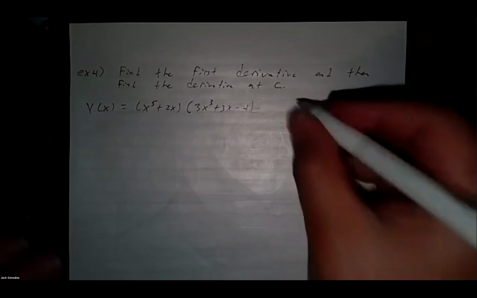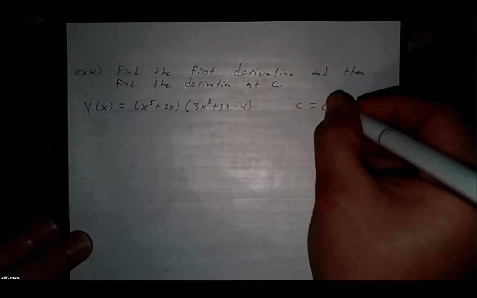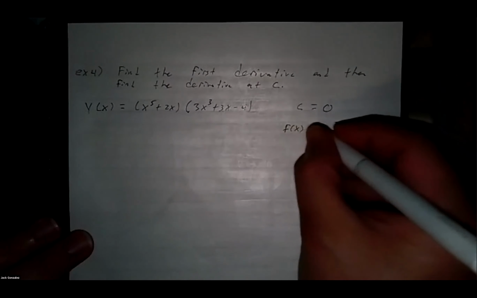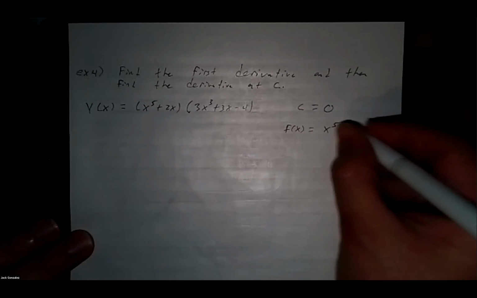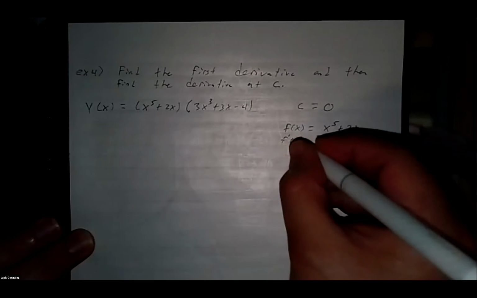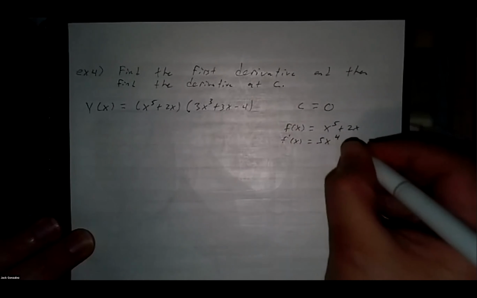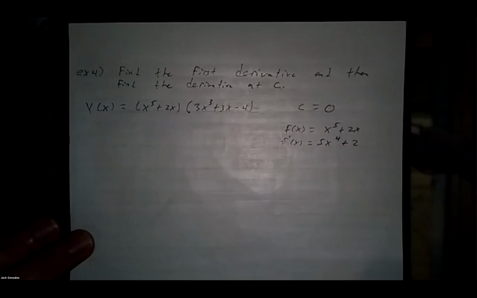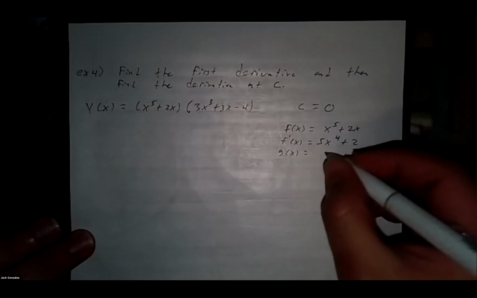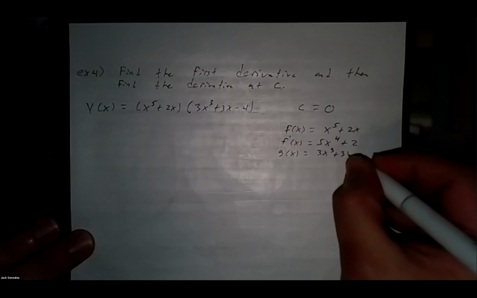C is equal to 0. That's what they said. So I'm going to make the first one to be f: x to the 5th plus 2x. F prime of x will be 5x to the 4 plus 2. G of x will be 3x cubed plus 3x minus 4.